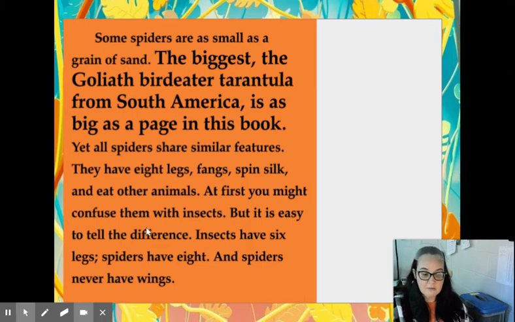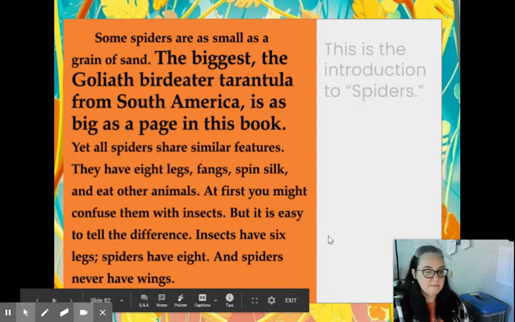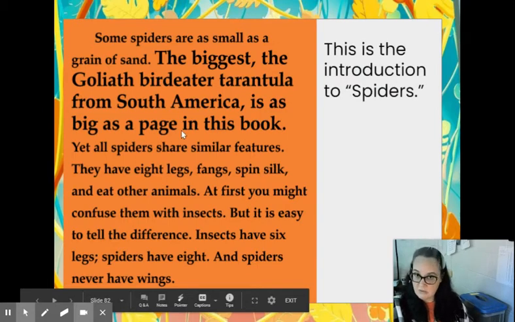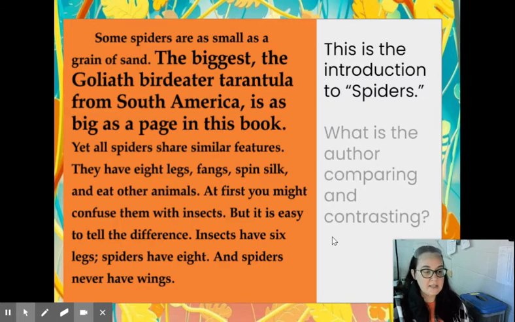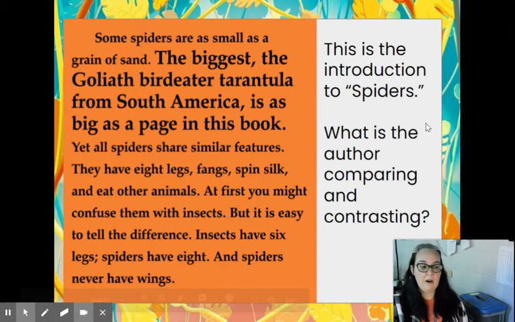At first, you might confuse them with insects, but it is easy to tell the difference. Insects have 6 legs, and spiders have 8. And spiders never have wings. This, of course, is the introduction to spiders that we read last week. What is the author comparing and contrasting in this paragraph?